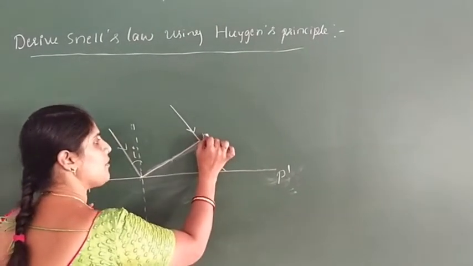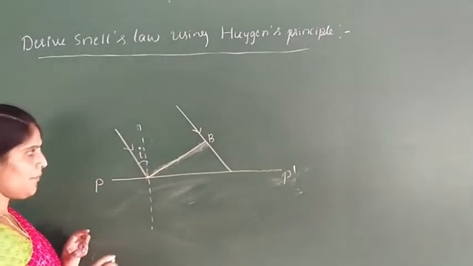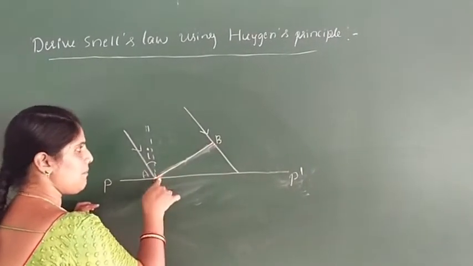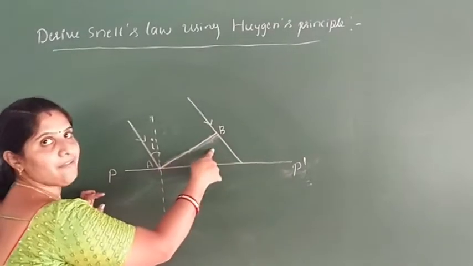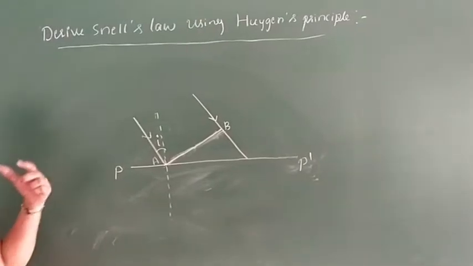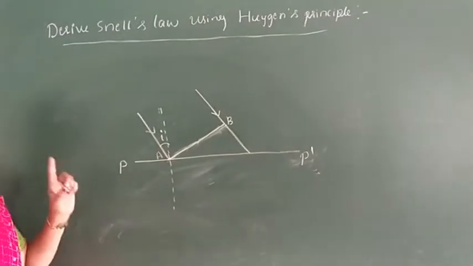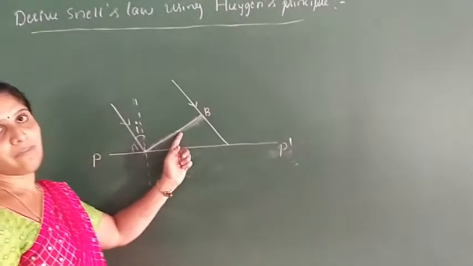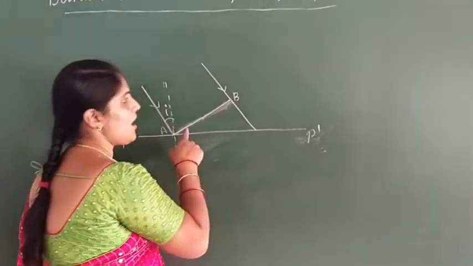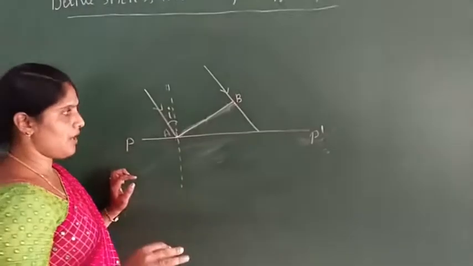Let us call that point B. So this is our incident wavefront, that is, AB is the incident wavefront. In ray optics, we use a beam of light, but in wave optics, we use incident wavefront, refracted wavefront, like that.